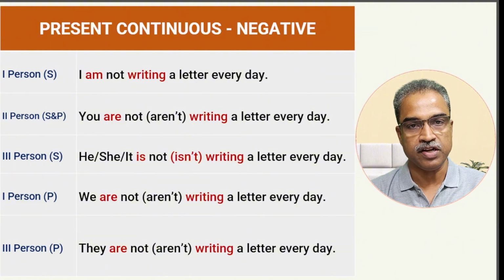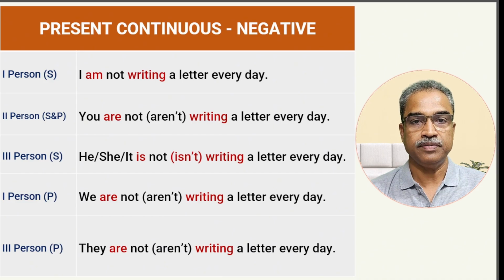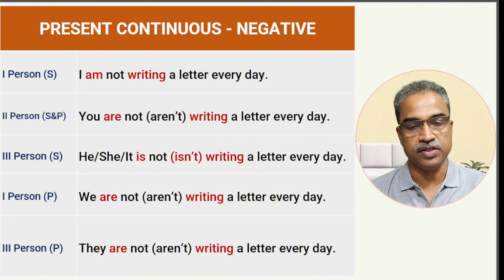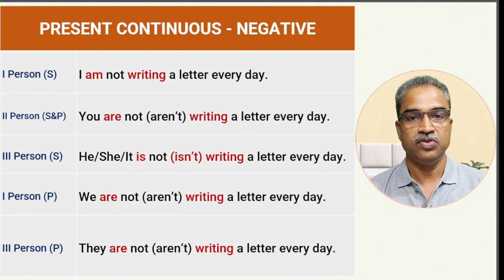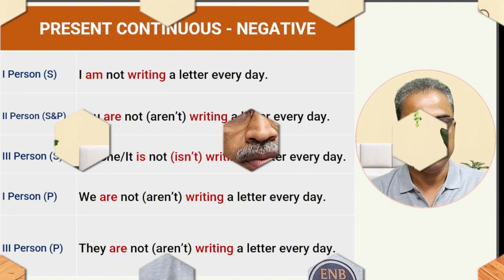These are the negative statements. So I'm sure you have understood today how to frame sentences, both statements and questions, and negative statements and questions, and affirmative statements and affirmative questions. So this is what today's class is all about.